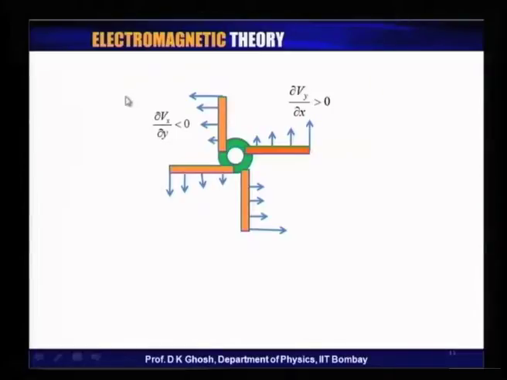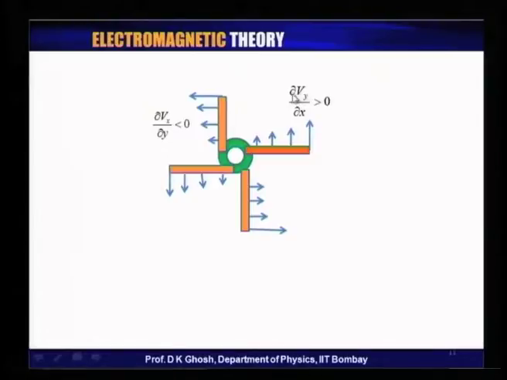Now, this is a paddle wheel, and these are the force field directions. The paddle wheel rotates about this axle. On this arm of the paddle wheel, the field is along the y direction, but as x increases, the field increases.